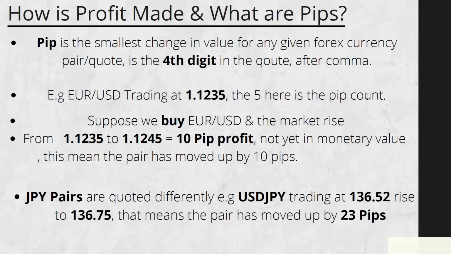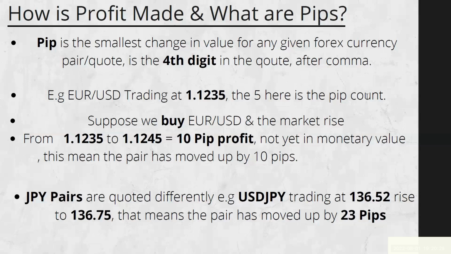So if we're trading, for example, Euro USD, and then from 1.1235, luckily the market goes in our favor because we're expecting the euro to be stronger than the dollar. This simply means that you take the difference from your entry point, the price at which you bought it, to the price at which you sold it to another trader when you are closing your position. So let's say you randomly made a 10 pip profit.